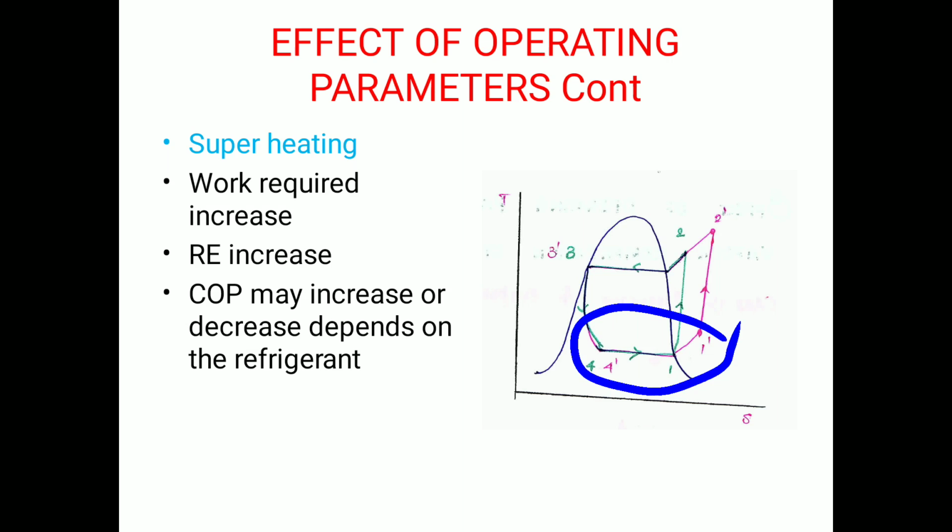This case is increased compared to the ideal one. COP may increase or decrease depending on what kind of refrigerant you are going to use, because the latent heat of the refrigerant decides the increase or decrease in COP.